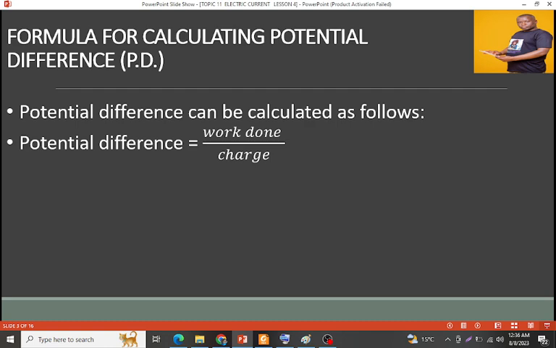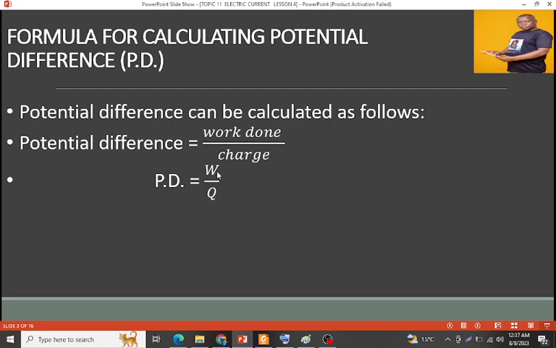Remember that the unit of work done is the joule, and the unit of charge is the coulomb. So you are dividing the number of joules by the number of coulombs. The result you get is potential difference, PD, which equals work done per unit charge.